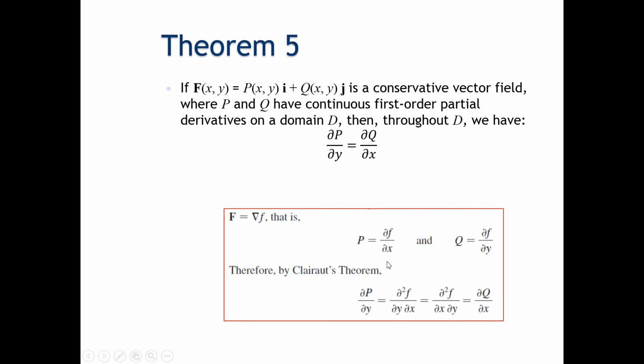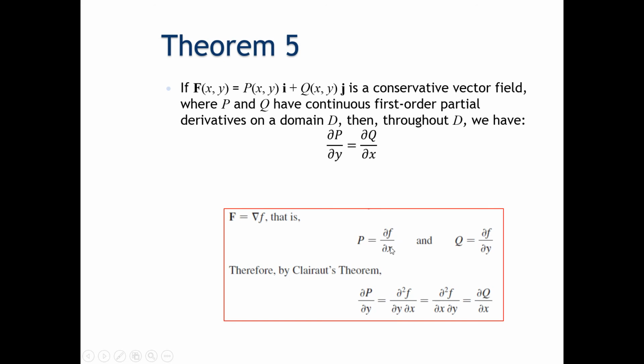So P here is partial f over partial x, Q here would be partial f over partial y. Now by Taylor's theorem, partial P by partial y becomes the second order derivative of f, partial 2f by partial y partial x.